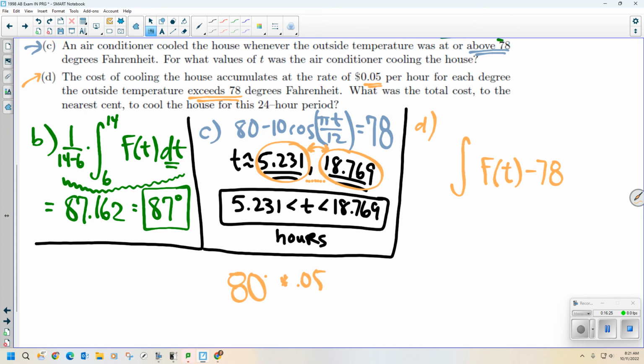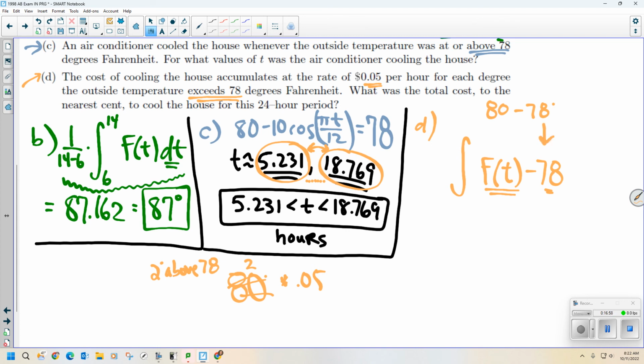That's really only 2 degrees above 78, right? So I multiply that times 2. Not the 80. So that's why it's critical. This would give me like my 80. But I want to subtract 78 from that because I'm only paying for the 2 degrees above 78. I'm not paying from degrees 0, 1, 2, 3. I'm not paying 78 or below. Just the degrees above 78.